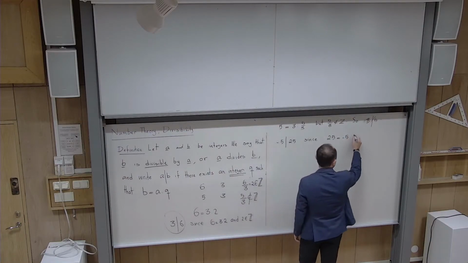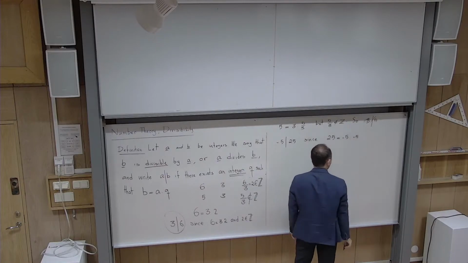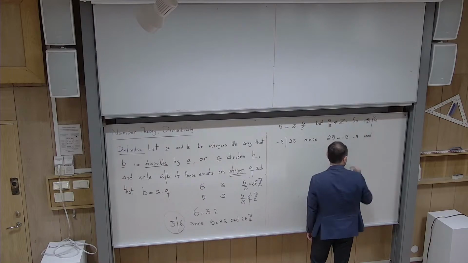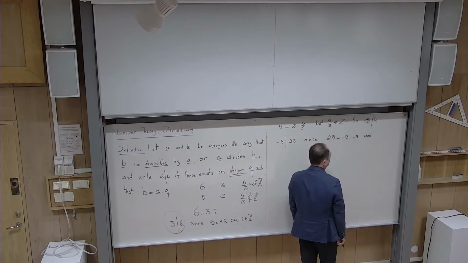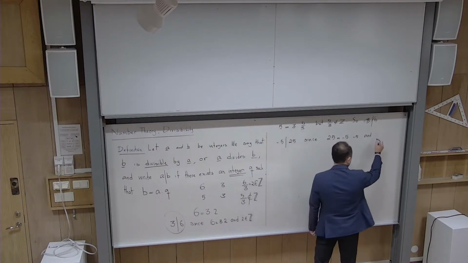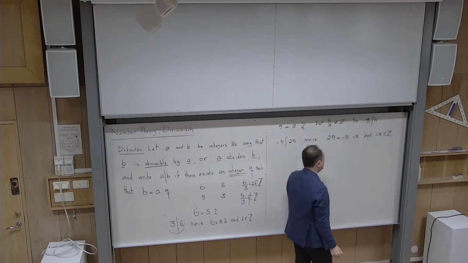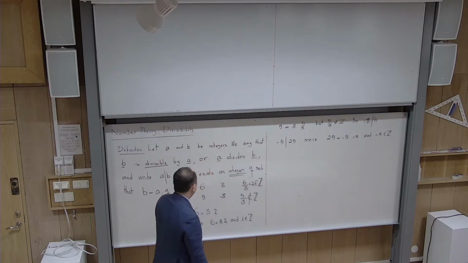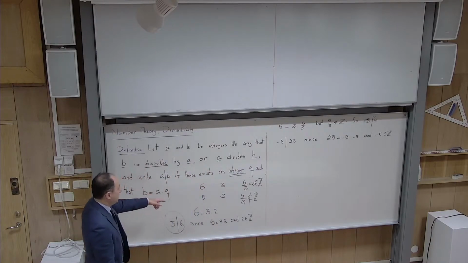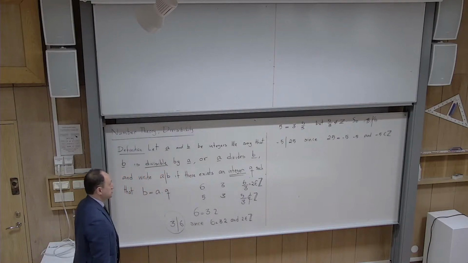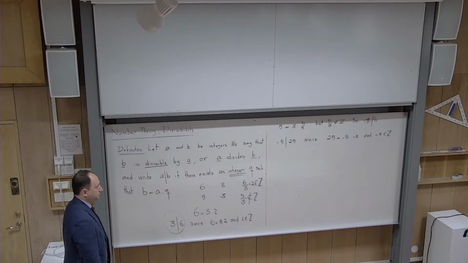Minus 5. But if you stop here, it is not complete, and you should continue and write, and minus 5 is an integer. Yes, minus 5 is an integer. That part is extremely important. The whole notion of divisibility depends on the result being an integer, so it's extremely important to emphasize it.